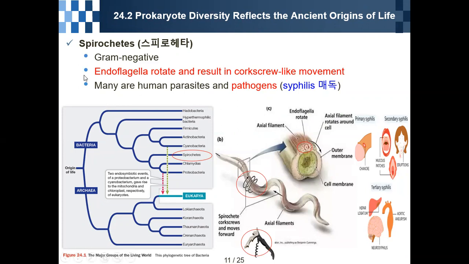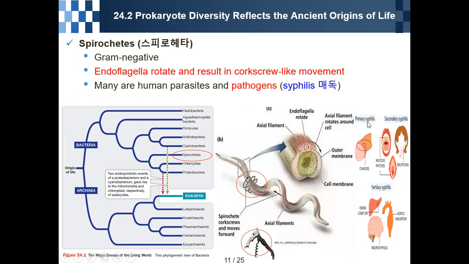So the human parasites and pathogens belong to the Spirochetes. A very famous example is syphilis. One of the Spirochetes causes syphilis. Syphilis in Korean is called medok.